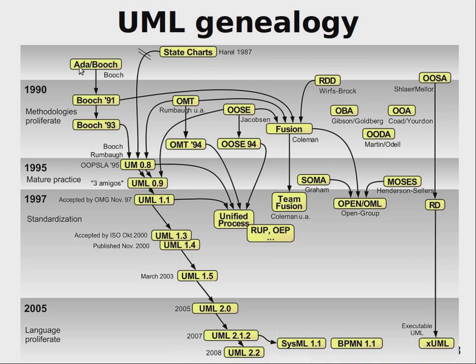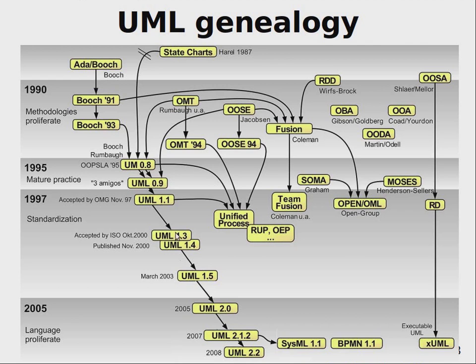Then I think it was Grady Booch who participated in inventing another programming language, which was the first object-oriented programming language, and the Booch notation. Then a bunch of other computer scientists also started thinking about an object-oriented approach for system design.